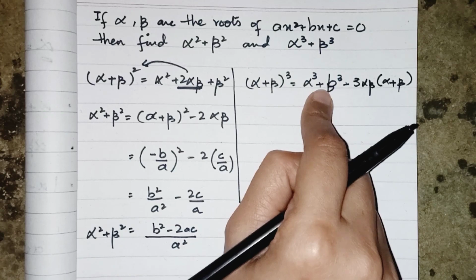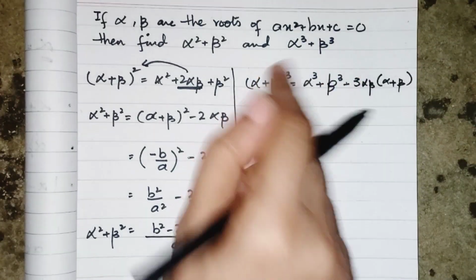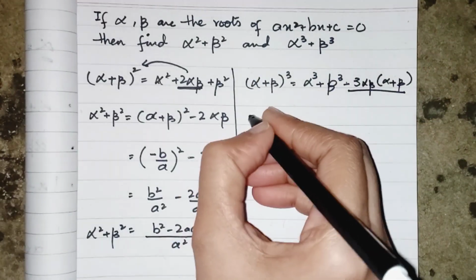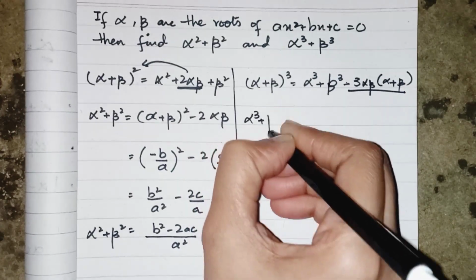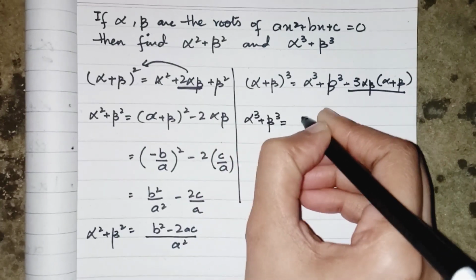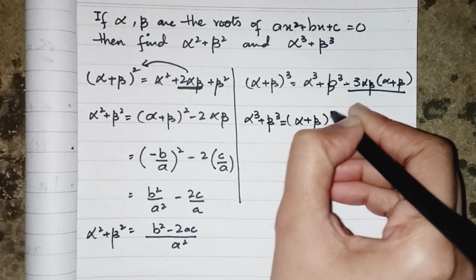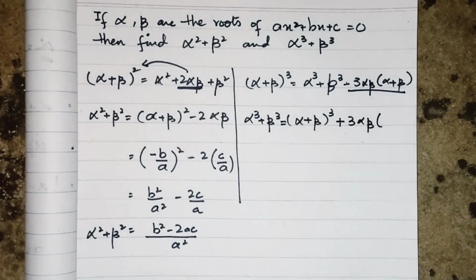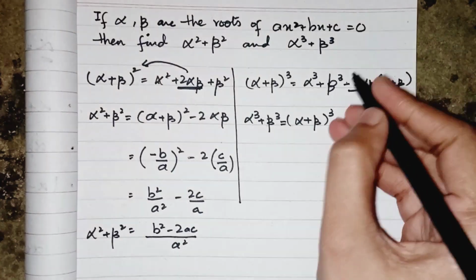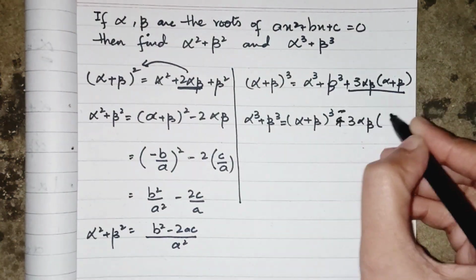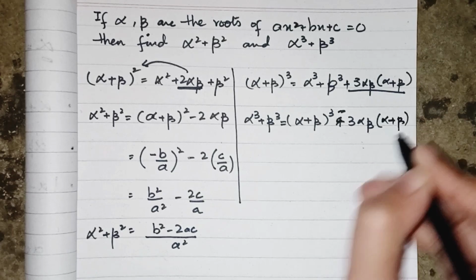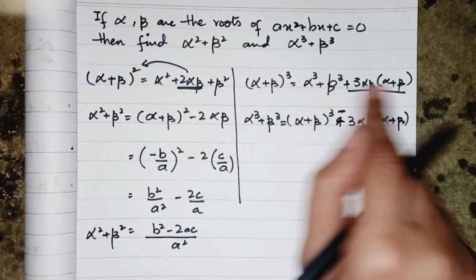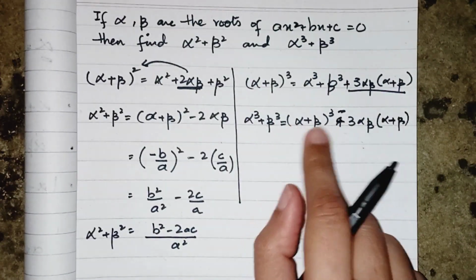To get the value of this one, we have to move this whole expression to that side. Alpha cube plus beta cube equals to alpha plus beta whole cube minus 3 alpha beta into alpha plus beta. Okay, so we can get the value.